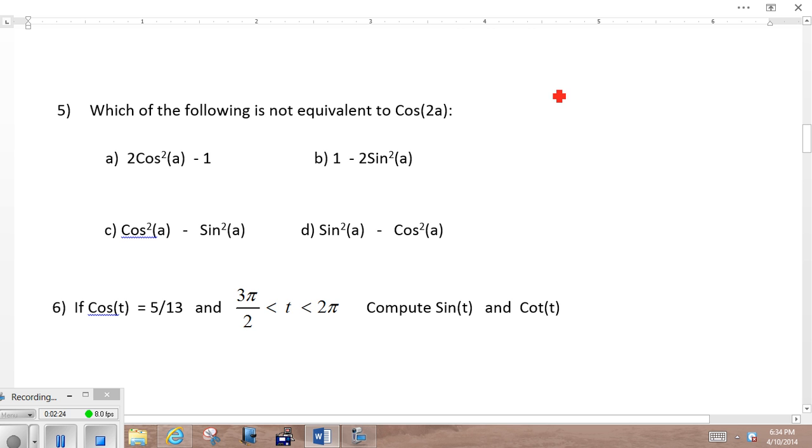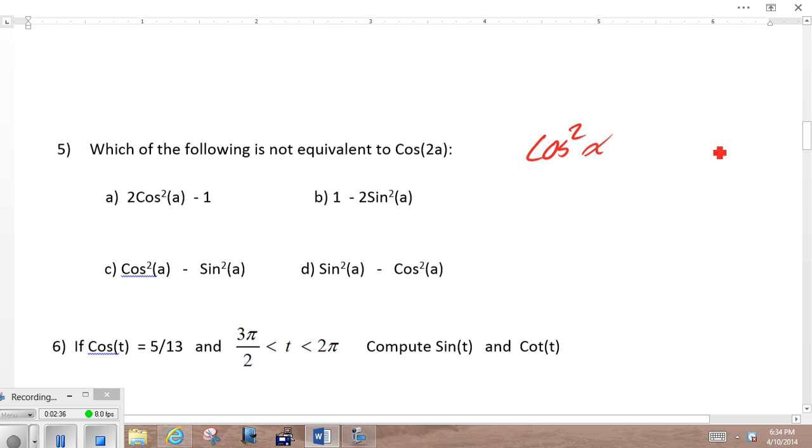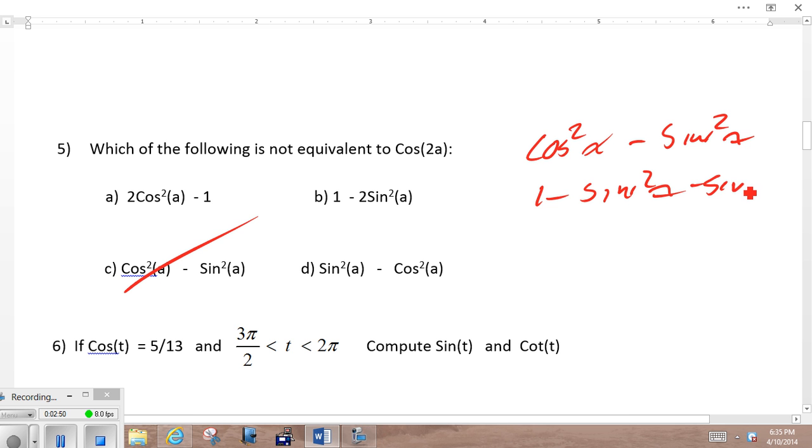cosine of 2 alpha is cosine squared of alpha, or A. Cosine squared minus sine squared. Okay, so that's qualified. And of course, the cosine squared is 1 minus the sine squared, minus the sine squared.